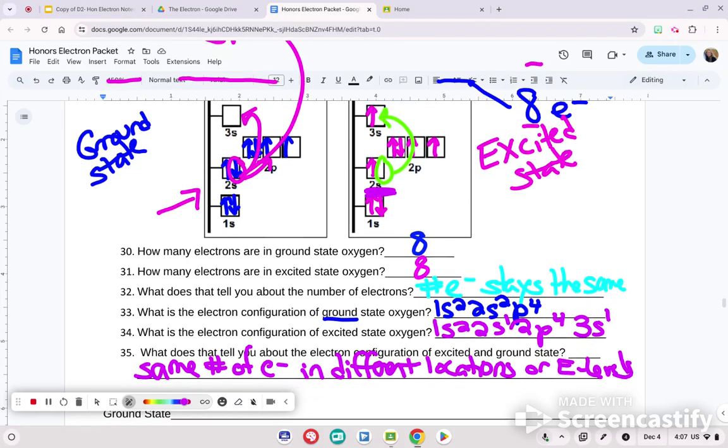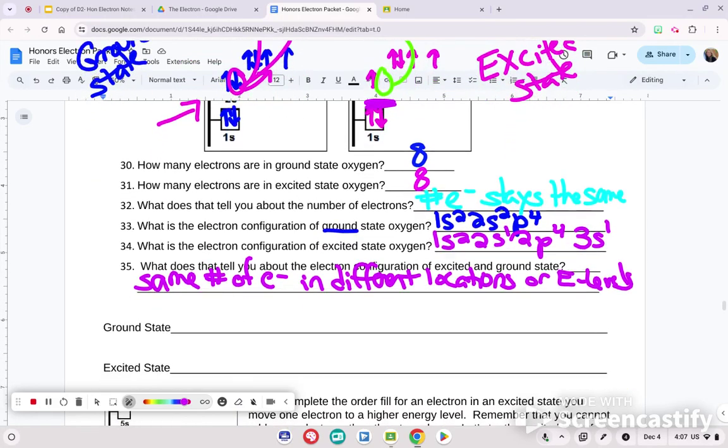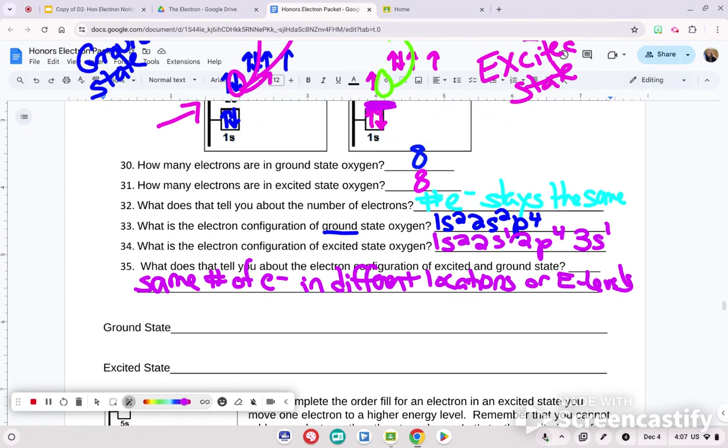Alright, so let's take a look at some of these again. The ground state is the normal energy location for electrons.